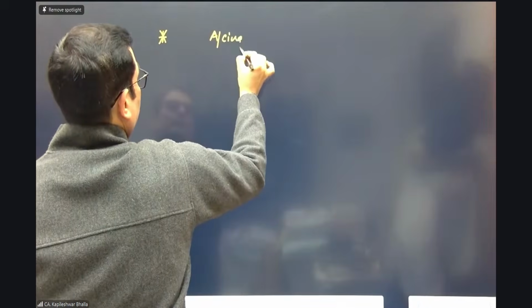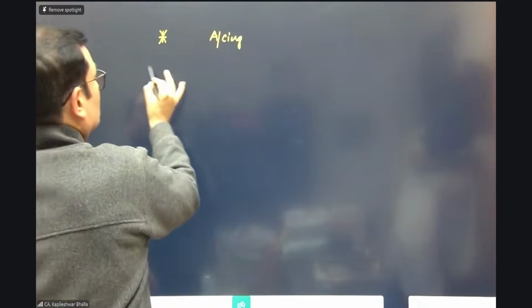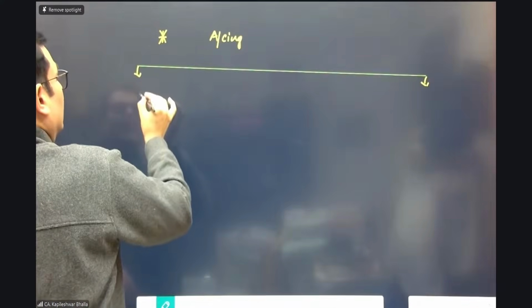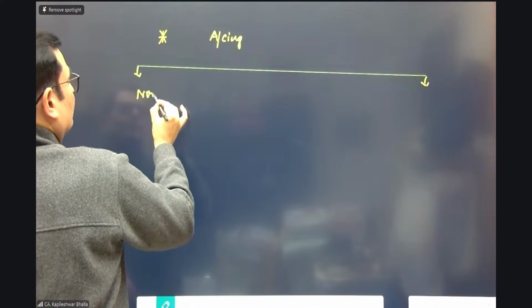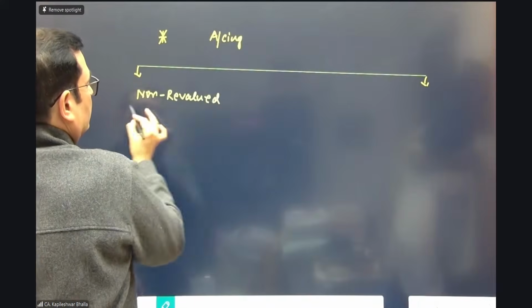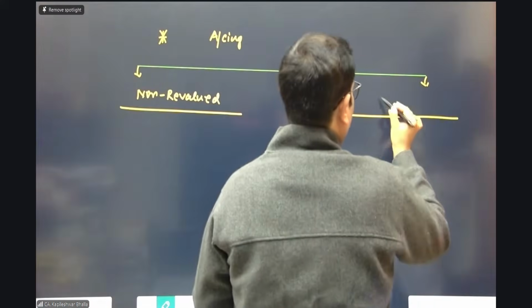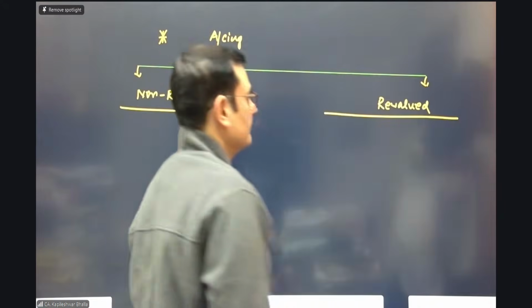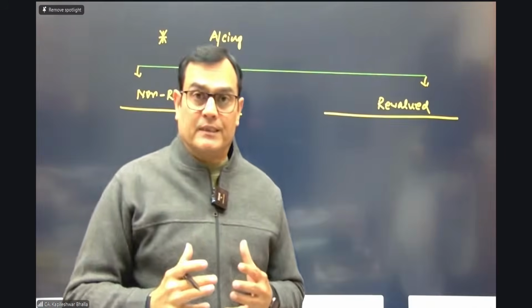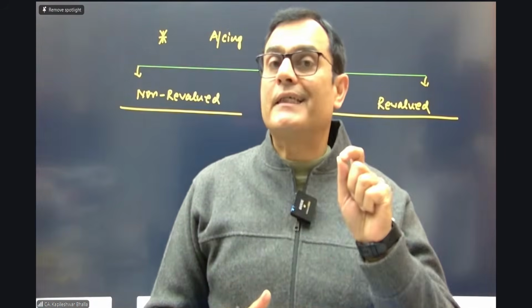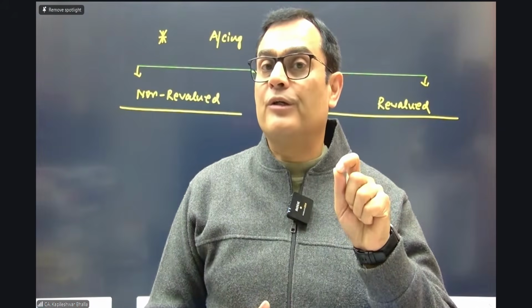When you consider the accounting treatment, I would say either it is a case of a non-revalued asset, or it is a case of a revalued asset. So immediately when your mind starts thinking on the accounting treatment, you should start thinking, okay, this is a case of a revalued or a non-revalued asset.